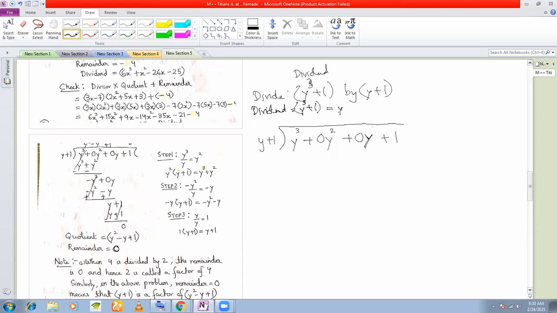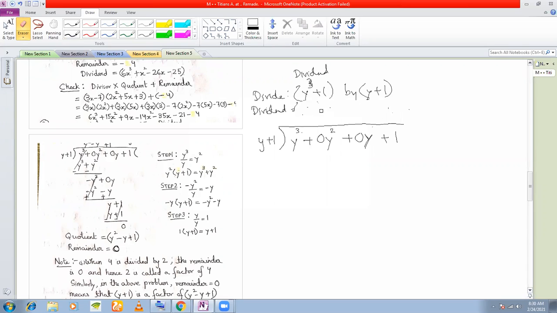So y cube I will write, and then I will write 0 into y square. After power 3, you have the next power. Descending powers, you know what you mean by descending power? Highest power first, and then you start moving towards the lower powers. Then the next lower power is y, and then the constant term here. Why have I written this? You will see in the following steps.